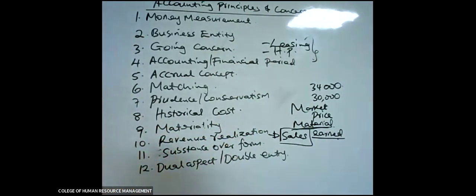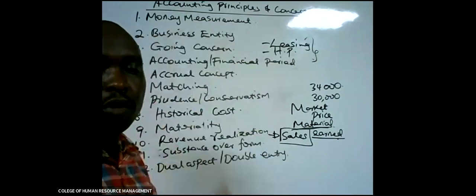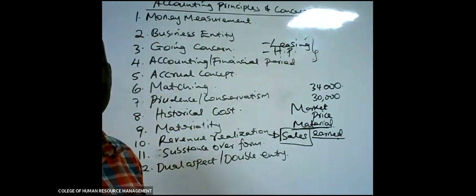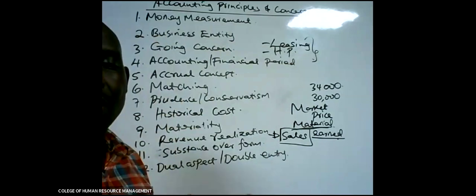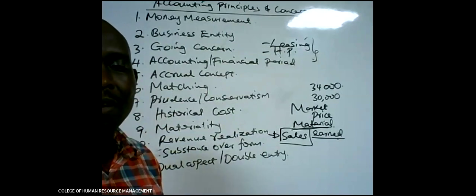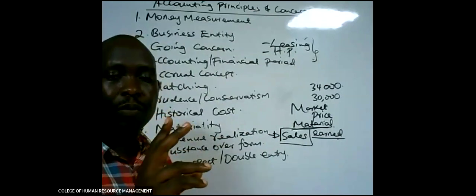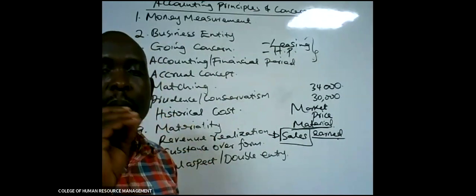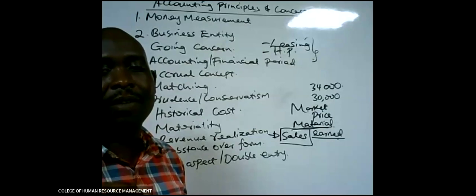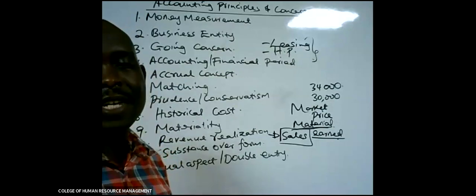So anytime there is a conflict between the legal position of the ownership of an asset and the economic benefits that we are deriving from that asset, then we should go by the economic substance. We should consider the substance, the benefit, rather than the legality.